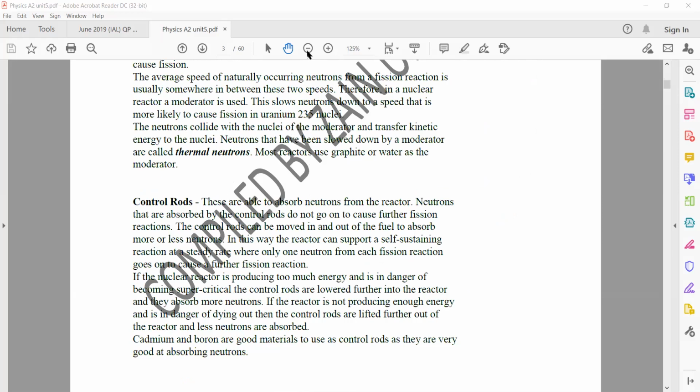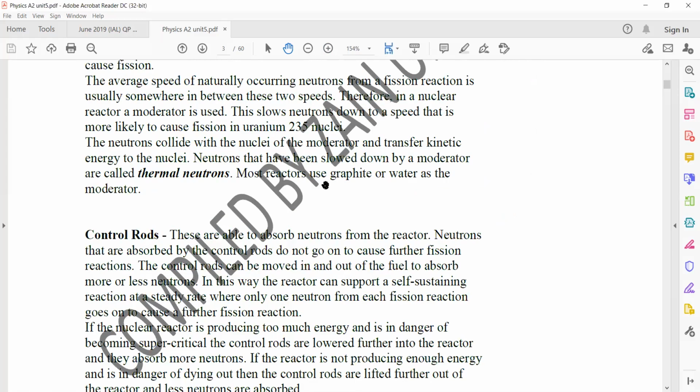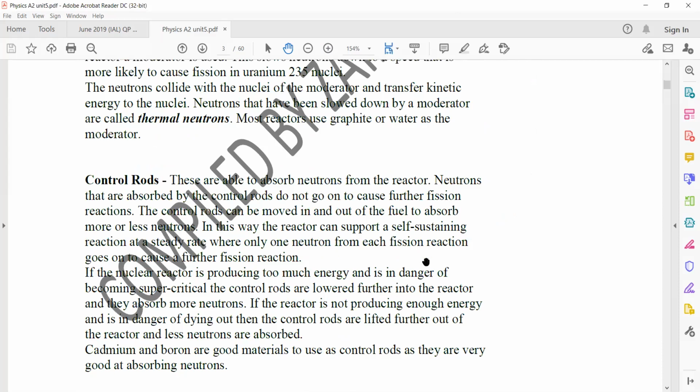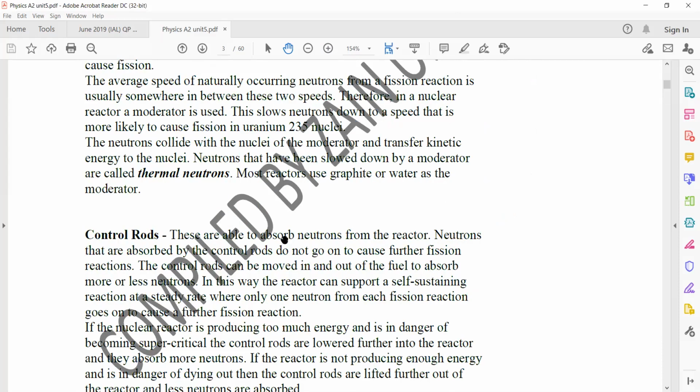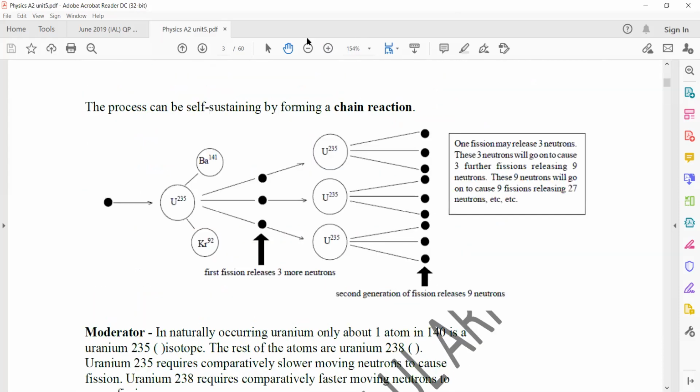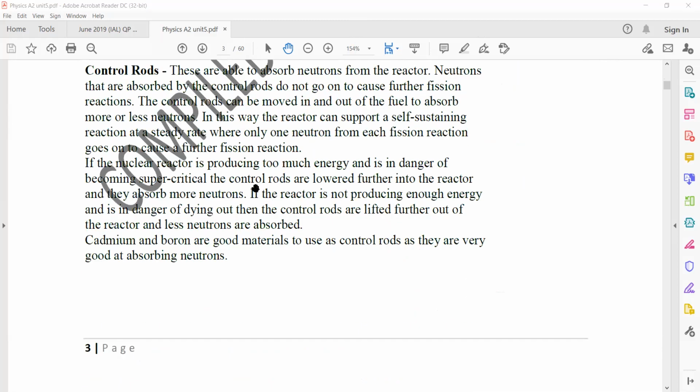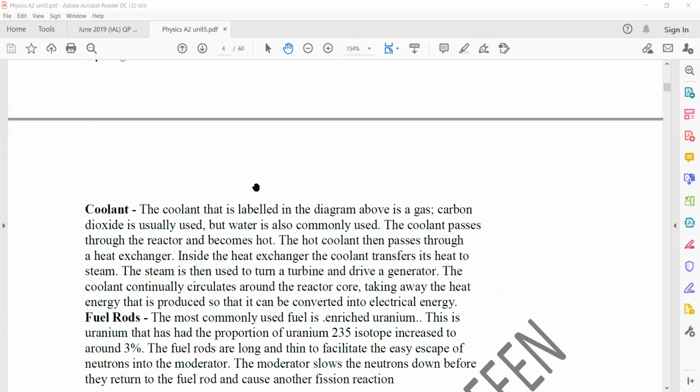For controlled fission we use control rods, which can be cadmium or boron rods. How can we control this? By removing the energy or stopping these neutrons. If we are able to stop these neutrons from causing further fission, we can control the rate of the fission. So for that purpose, we use cadmium or boron.